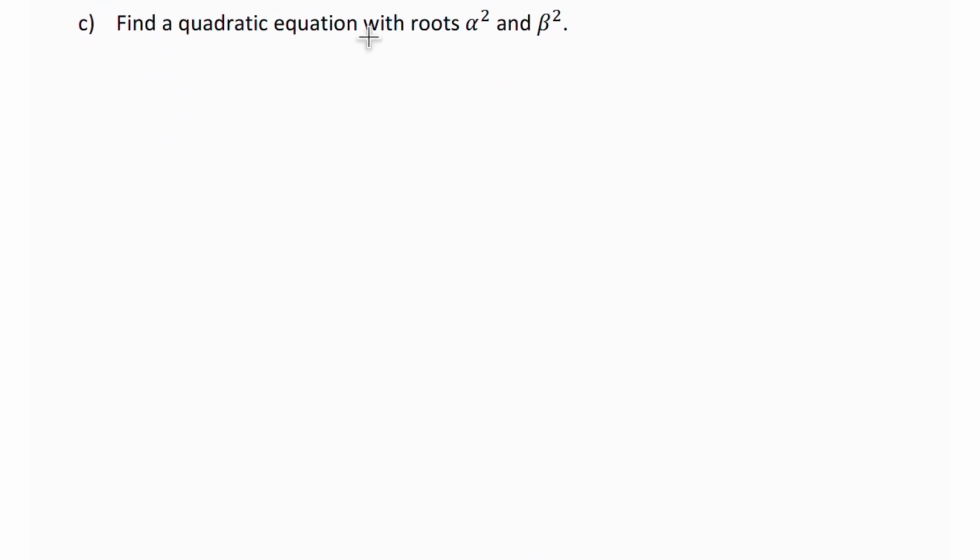Finally, similar idea, but the roots this time are alpha squared and beta squared. So alpha squared plus beta squared is equal to minus b over a. Using what we saw in a previous example, this is the same as alpha plus beta squared minus 2 alpha beta.